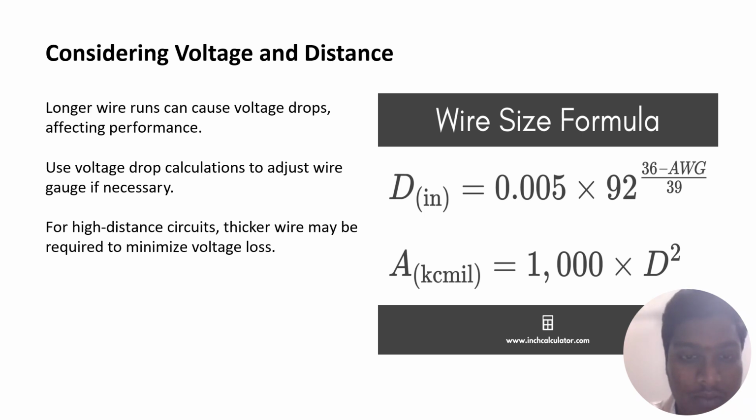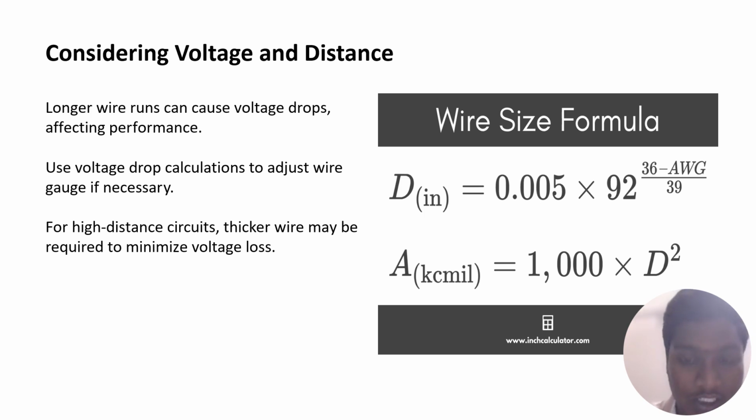The heading of this slide is considering voltage and distance. Longer wire runs can cause voltage drops, affecting performance. We use voltage drop calculations to adjust wire gauge if necessary. For long distance circuits, thicker wire may be required to minimize voltage loss.